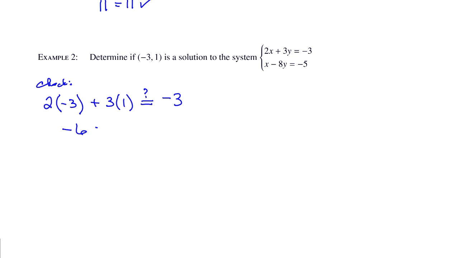That's negative 6 plus 3 might be equal to negative 3. And negative 3 is equal to negative 3. That one checks out.